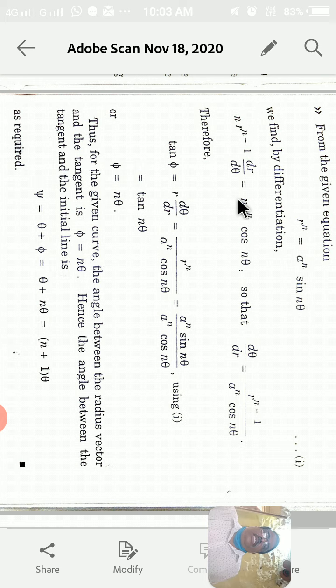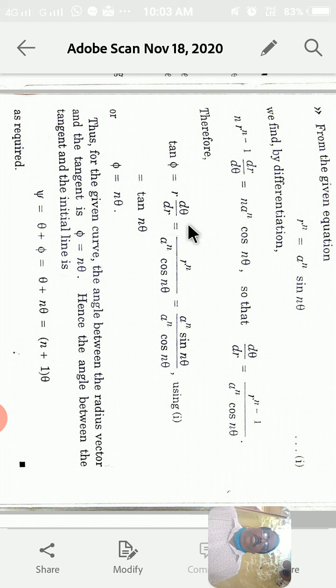So d theta by dr, reverse this one. The n gets cancelled, then bring r raised to n minus 1 here, simplify, and you will get d theta by dr equal to r raised to n minus 1 divided by a raised to n cos n theta. Therefore tan phi is equal to r into d theta by dr.